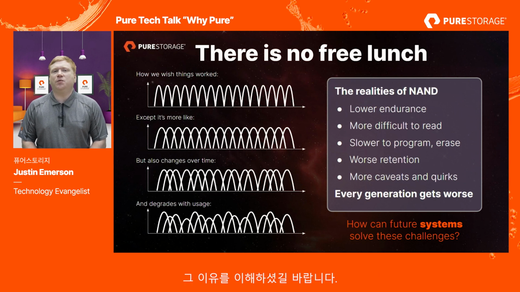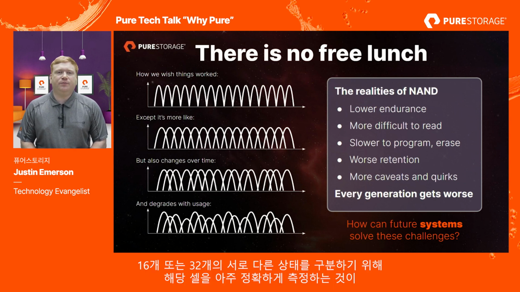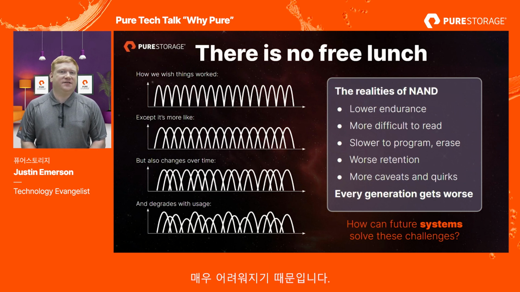And hopefully it makes sense why. If you need to be extremely precise in your measurement of that cell in order to determine which of the 16 or 32 different states it is, it gets very, very difficult to do so.